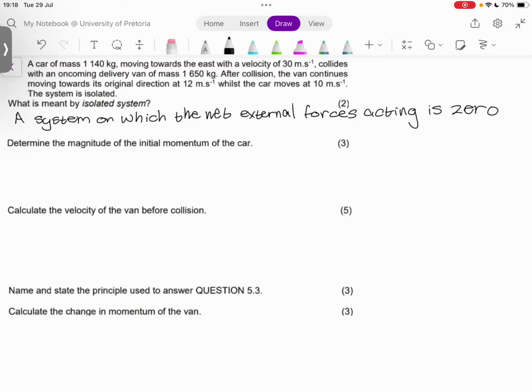Let's get into it. For 3 marks over here, we have to determine the magnitude of the initial momentum of the car. Before we do so, we have to start off by defining our convention. Over here, are we going to take east as positive or negative, guys? Which one would you like?